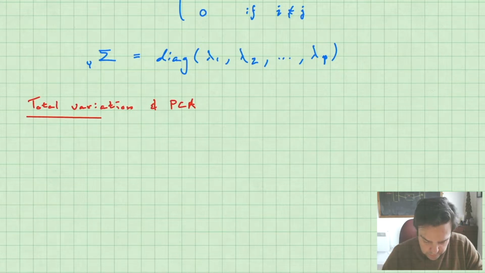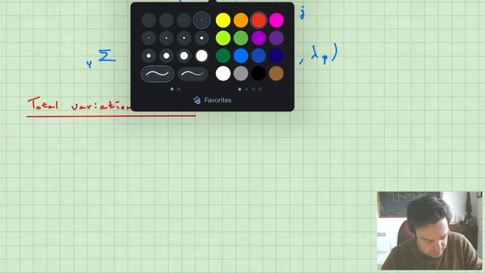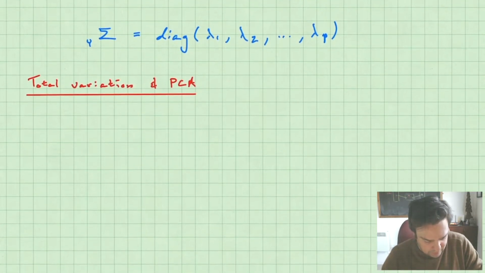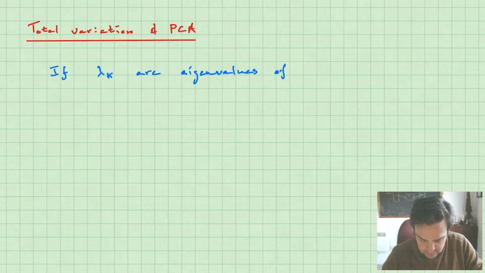Let's say we focus on the eigenvalues, which are the variances along the columns of Y. So if lambda k are the eigenvalues of sigma, then the following is true.